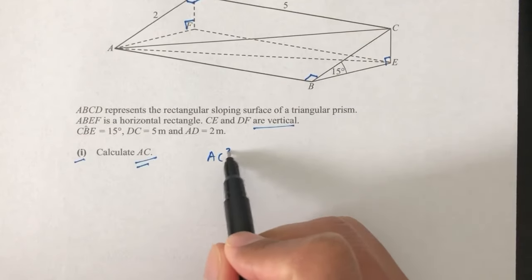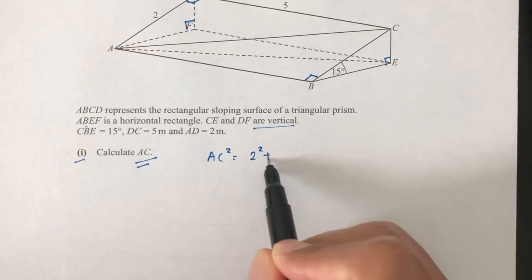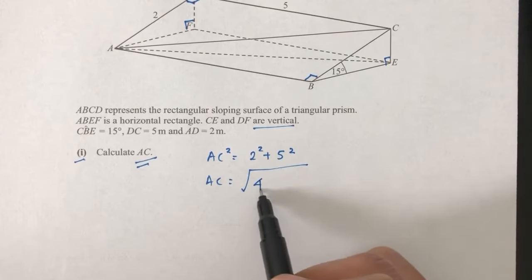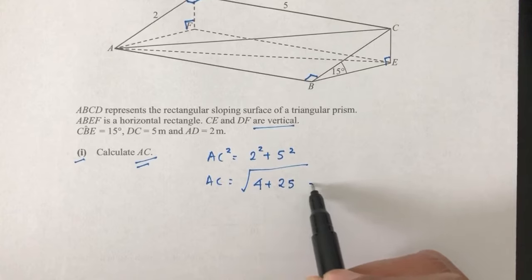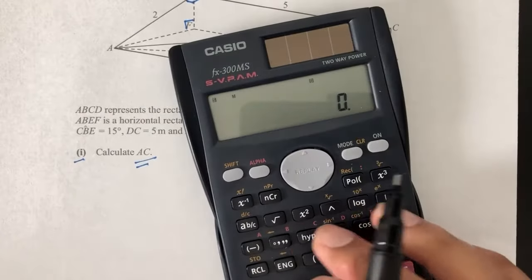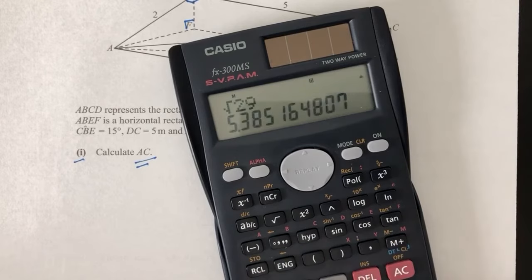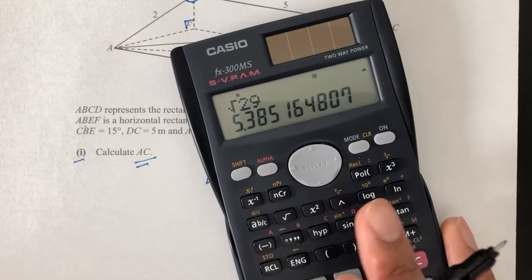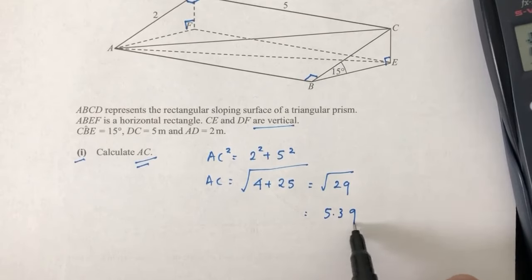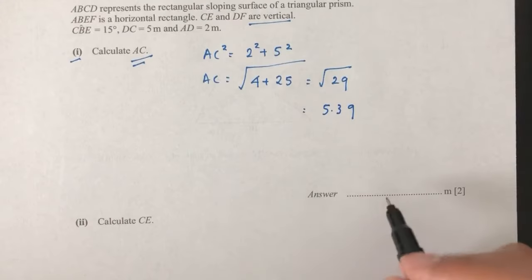AC squared will be 2 squared plus 5 squared. So AC will be the square root of 4 plus 25, that will be 29. So let's find out. The square root of 29 will give me 5.39. That will be my answer for this one.